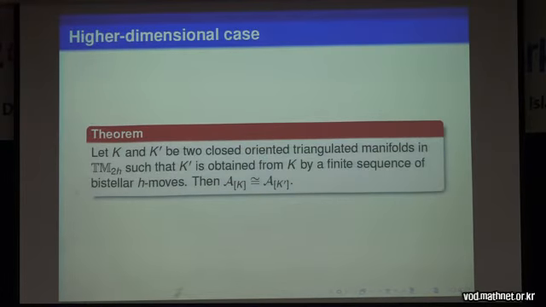Then we also can get this one: if two closed oriented triangulated manifolds satisfy this condition, their corresponding algebras are isomorphic.